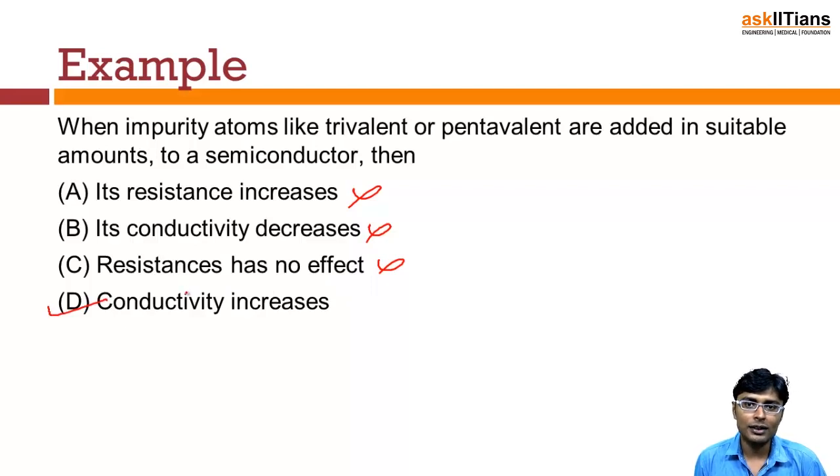Since we are adding impurity atoms, either trivalent or pentavalent, those impurity atoms help us in increasing the conductivity of an extrinsic semiconductor over the intrinsic one. So option D is the correct answer for this question.